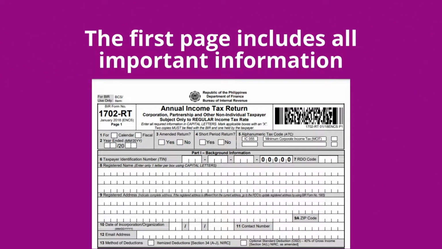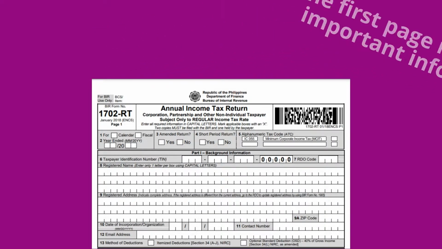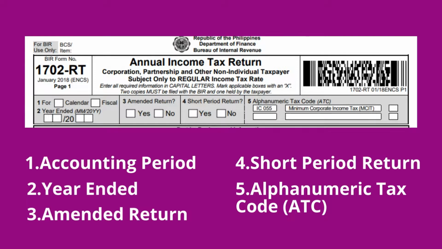First page sa atong return includes tanang information importante sa pag-file sa atong return. Such as the accounting period, the year ended, whether or not ang atong i-file na return is amended, ang atong i-file na return is short period ba kaha, then the alphanumeric tax code.